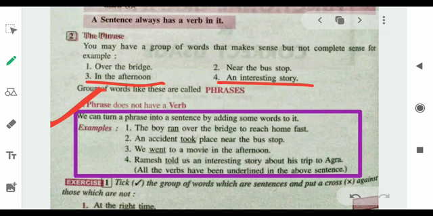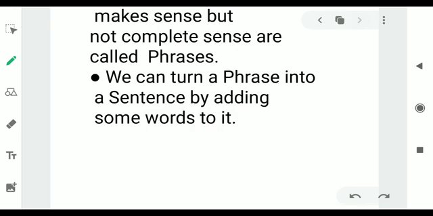Ramesh told us an interesting story about his trip to Agra. This is the phrase of the sentence. And where is the verb? Yes, students, told is the verb over here. I hope now you have learned how to turn a phrase into a sentence. So let's move to the next part, that is a quick recap of whatever we have learned today.